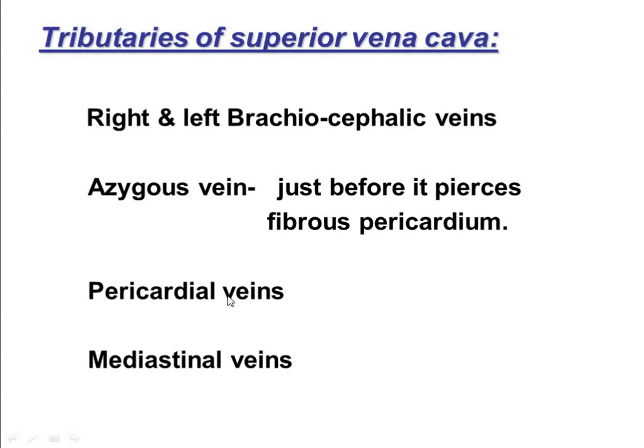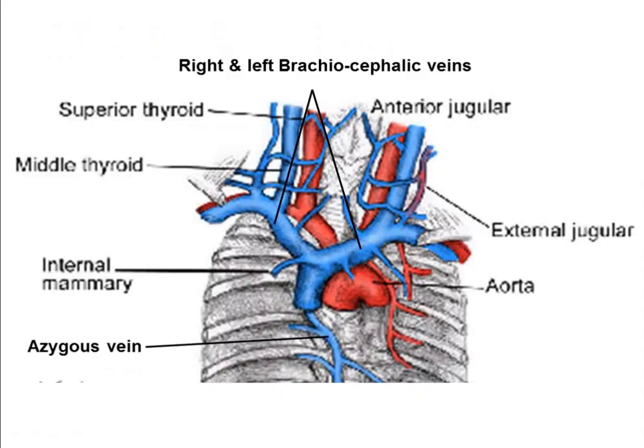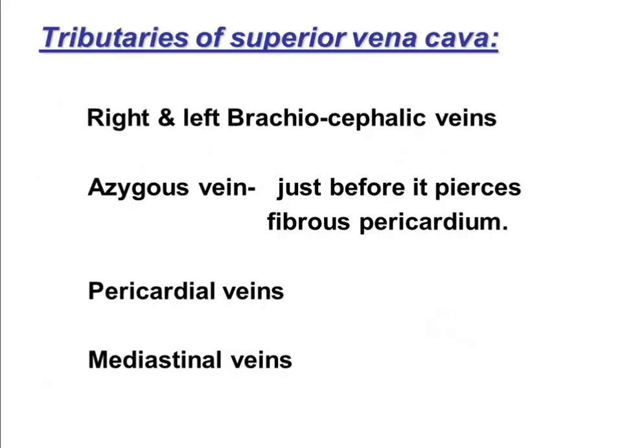Then within the pericardium, it's going to receive the pericardial veins and mediastinal veins. So, major tributaries of the superior vena cava include the right and the left brachiocephalic vein, the azygous vein, the pericardial veins, and the mediastinal veins.